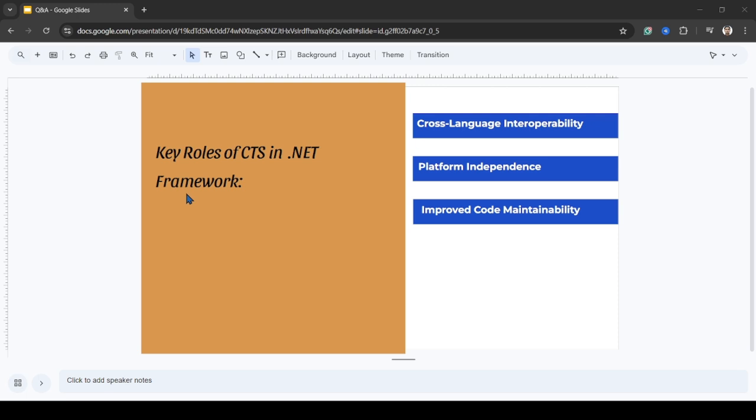For example, C Sharp can inherit from a VB.NET class, or a C Sharp method can accept an argument of a type defined in F Sharp. So this cross-language interoperability is a very essential feature which is provided in the .NET framework with the help of CTS.